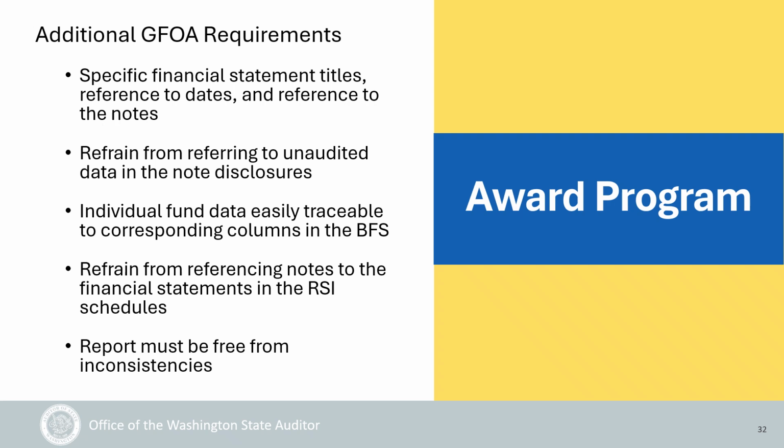An example, the use of headings and subtotals. There is also a requirement to refrain from referencing notes to the financial statements in the RSI schedules. If notes are needed for RSI, the RSI should have their own separate notes.